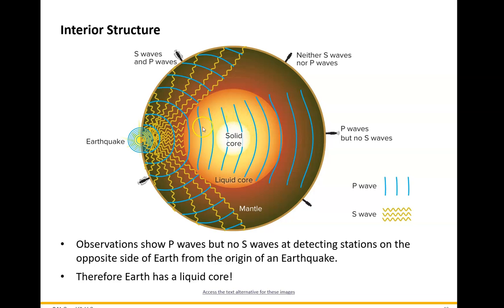Right, and so this outer liquid core is moving at a different rate than the surface of the Earth, and that difference in movement between the spinning liquid core and the spinning solid surface. I mean, even if there's ocean there, right?